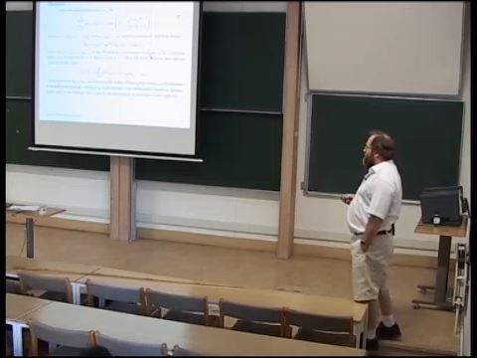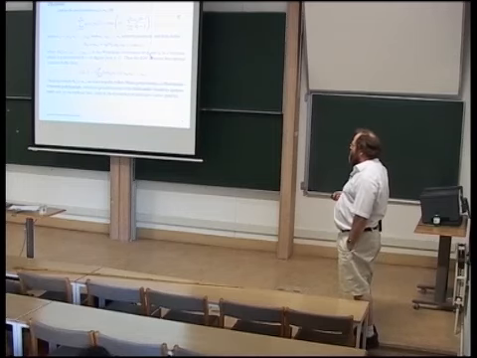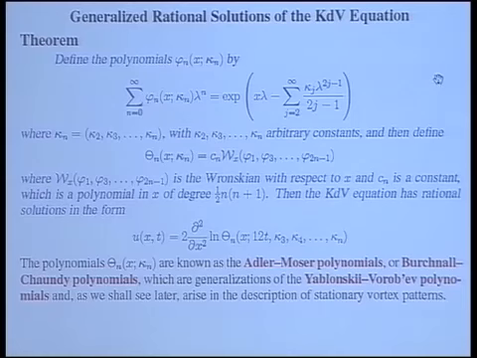Now these are known as the Adler-Moser polynomials. They were written down in the context of the KdV equation in 1977, but they actually appear in a paper by Burchnall and Chaundy in 1929. They actually give this determinantal representation. They're not interested in the KdV equation at all. They're interested in looking at solutions of a different problem, which I'll mention later.